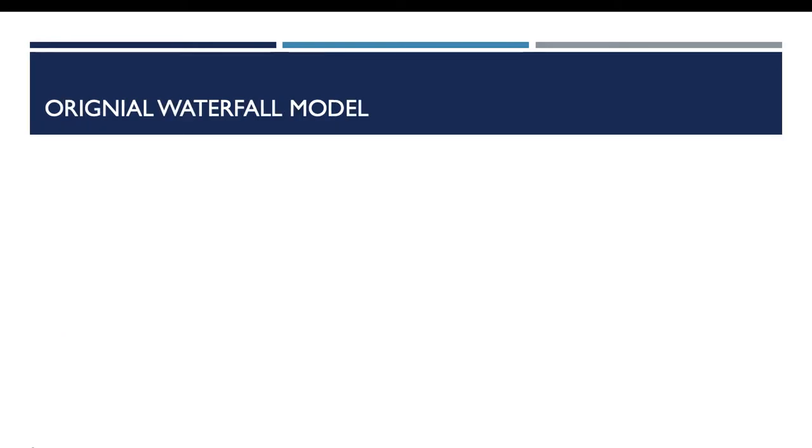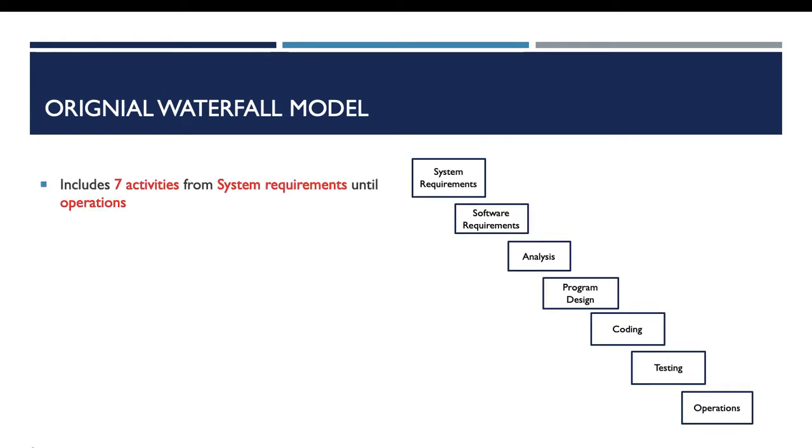In the following, we will present the waterfall model as seen by Winston Royce. Originally, this model includes 7 activities from system requirement until operation. This kind of model is sequential, so we have to go from system requirement until operation step by step, and we have to finish the current phase to perform the next phase.